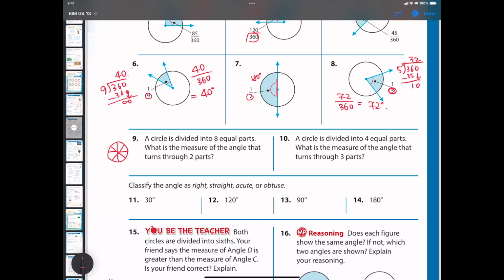If the pizza is divided into 8, it doesn't matter about the size of the pizza. Even though you are getting the pizza from Mario's or Costco, it doesn't matter. The degrees or angle doesn't change because we are measuring what?